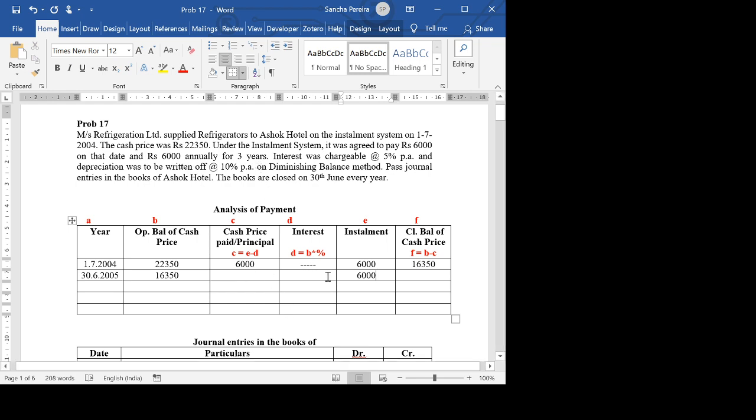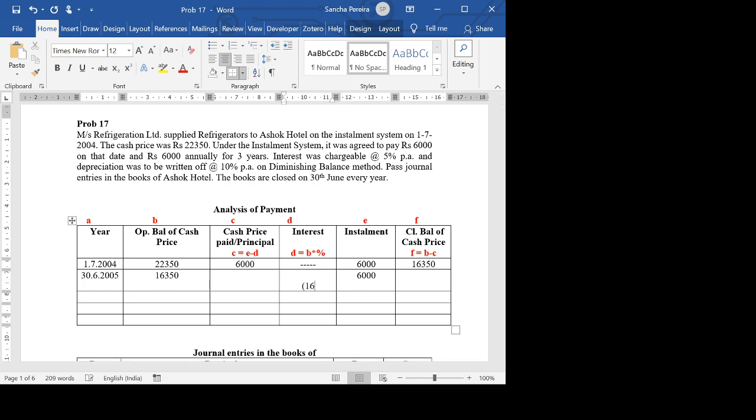So we have to now calculate interest on this. So interest will be 16,350 into 5%. There is no need of a period because it's for the whole year. So 16,350 into 5% comes to 817.5.